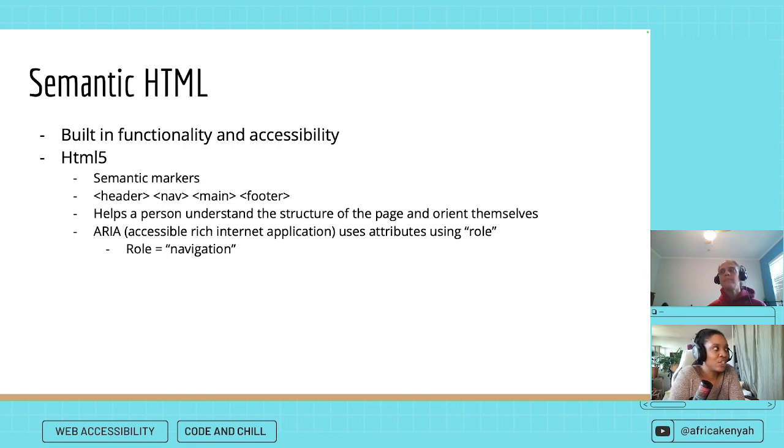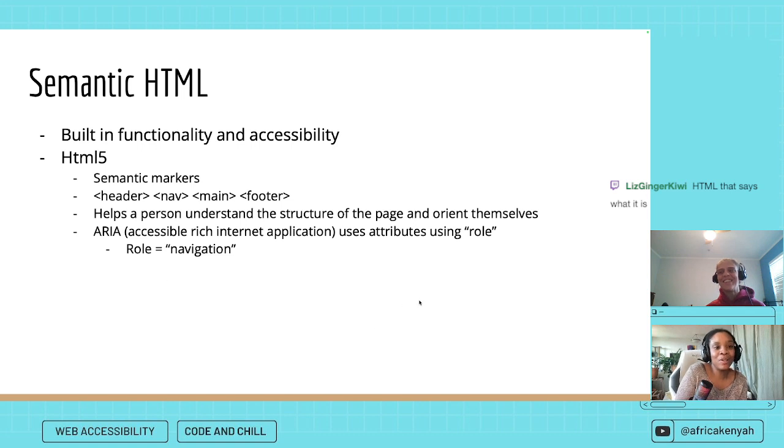All right, chat. What would you say in your own words is semantic HTML if you know what it is? Well, if no one is going to say it, you're going to learn it right now. It's all good.